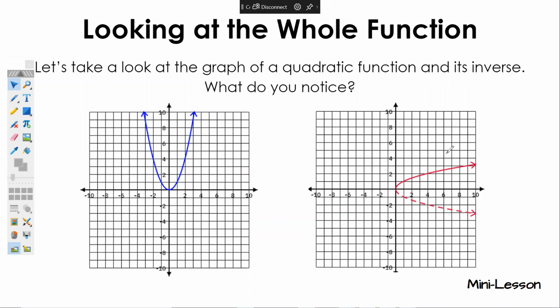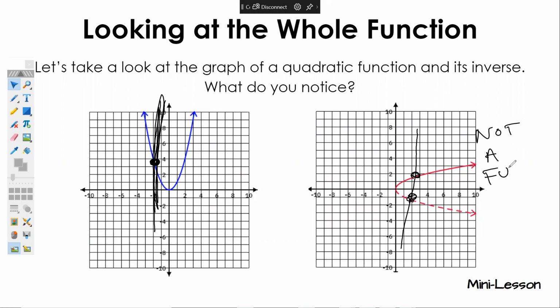We make a big deal out of things being functions, okay? If we use the vertical line test, that means that we draw a roughly straight line up and down. Does it pass through 1 or 2 points? Just 1, right? And we could do that at any point. If we drew a line over here, how many points is it going to pass through? So this guy is not a function.